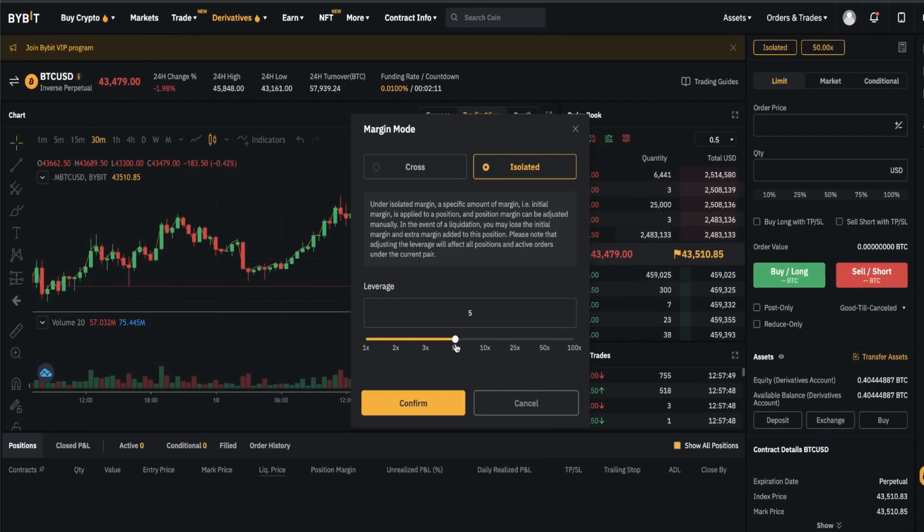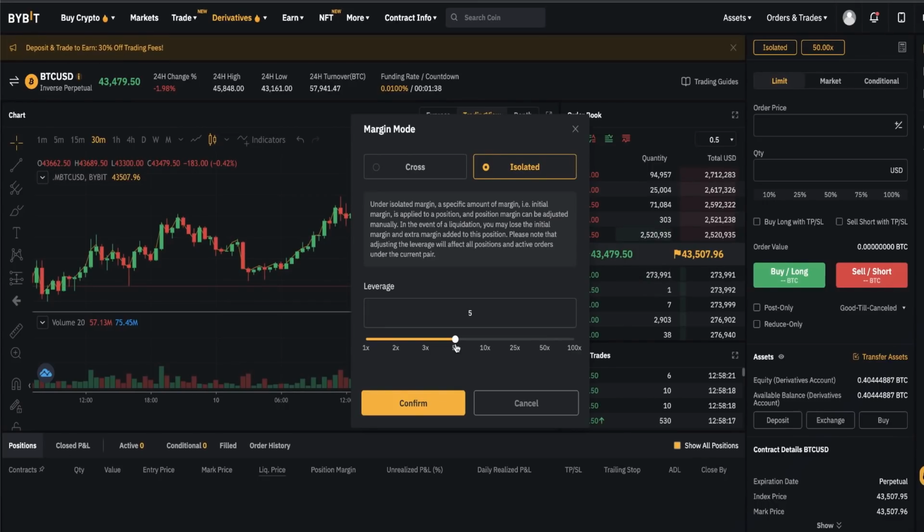Whereas if you're using 5x leverage, it's much, much safer, because the less leverage you use, the further away your liquidation price is. The more leverage you use, the closer your liquidation price is. If you're using 100x leverage and the market goes down by 1%, you lose your money, you're liquidated, it's over. If you're using 50x leverage and the market goes down by 2%, you lose your money, you're liquidated, it's over, etc. The lower leverage is safer.